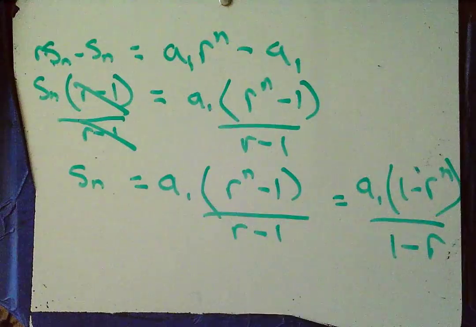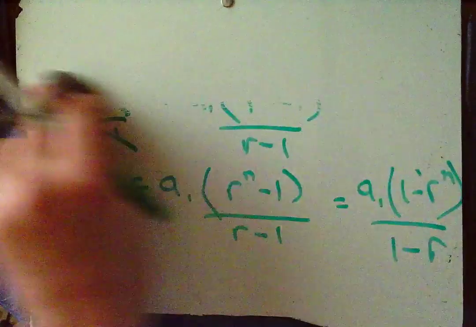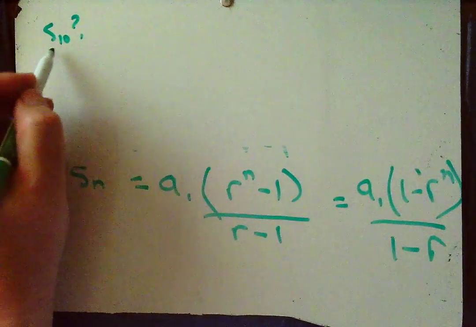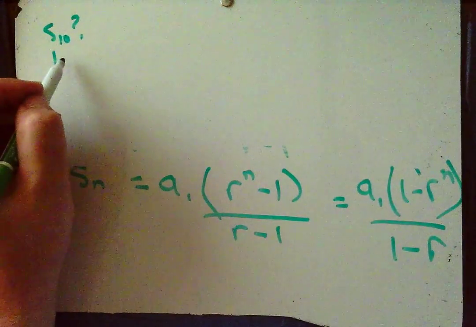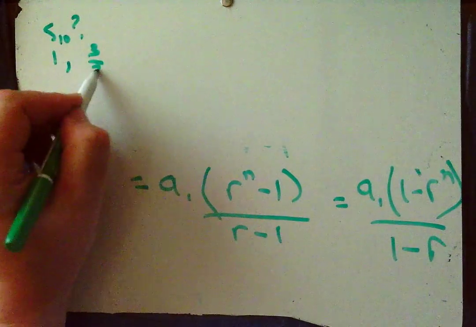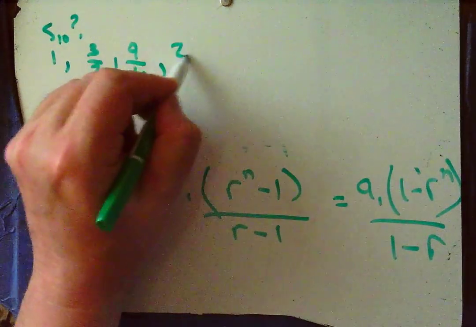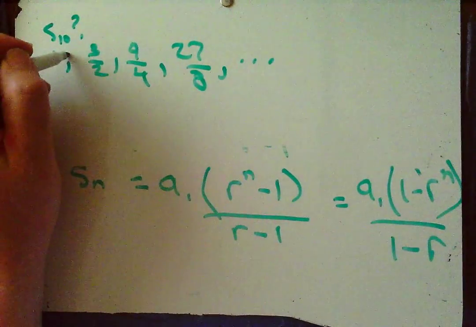So if I want to find s sub 10, the sum of 10 things, given that a sub 1 equals 1, and a sub 2 equals 3 halves, and a sub 3 equals 9 fourths, and 27 eighths, and so on. We're adding these all up now.